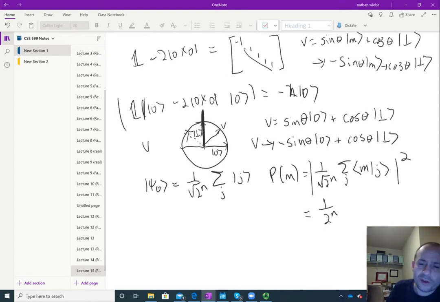Okay, so we can start out with this, but I'm going to actually try to use this representation over here. So using this representation, I can always write psi naught as sine theta m plus some perpendicular vector.